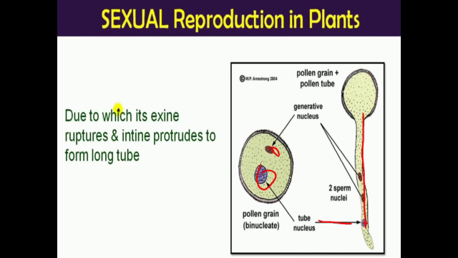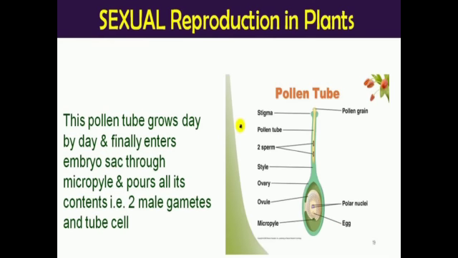This is the pollen grain plus pollen tube. This tube moves through the style to the ovary, and this pollen tube grows day by day and finally enters the embryo sac. This is the pollen tube, this is the pollen grain, stigma, and through the style this pollen tube. These are the two sperm nuclei.